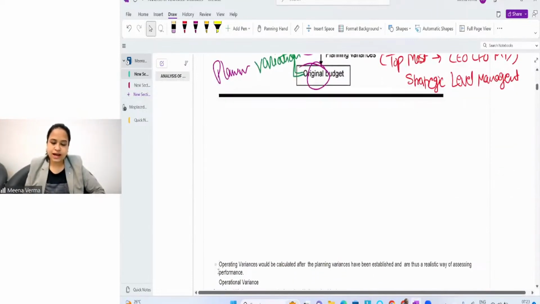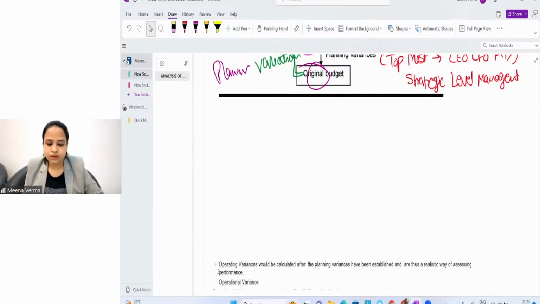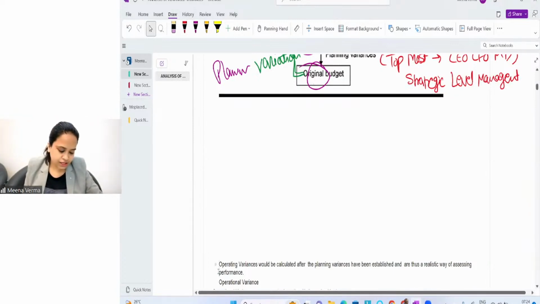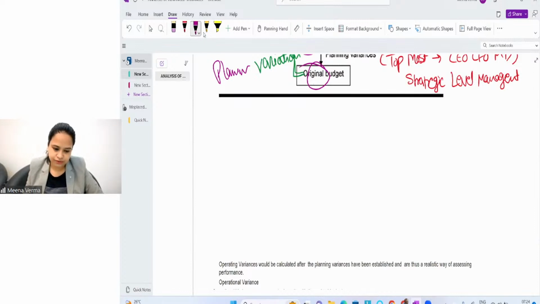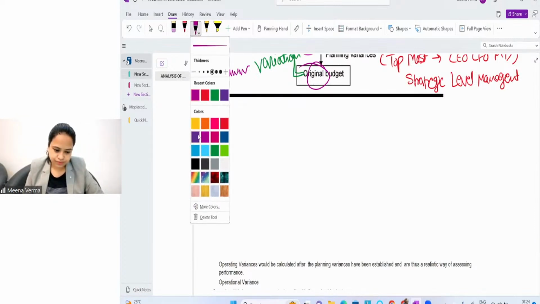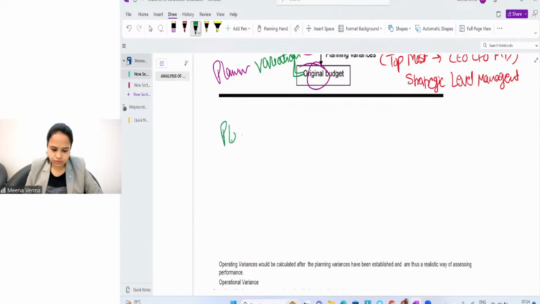So the point is that if you see here, what we have just learned is that for planning variation, the top level management is responsible. Planning variations, right?